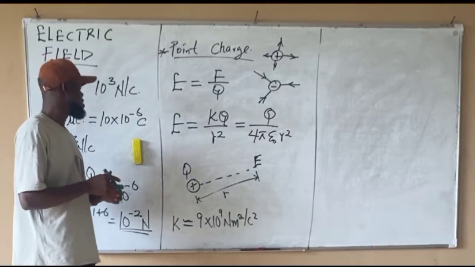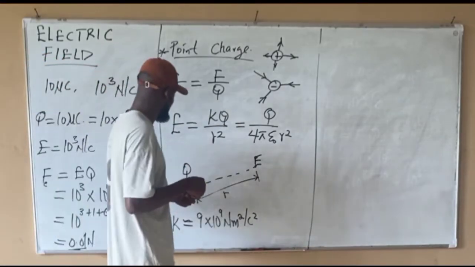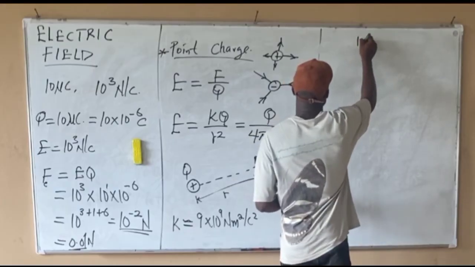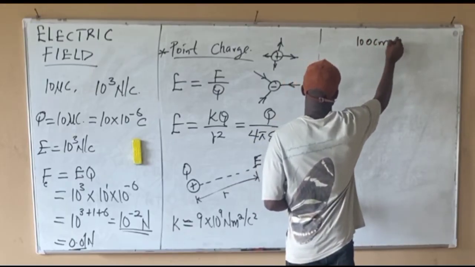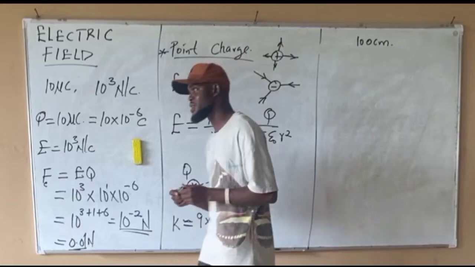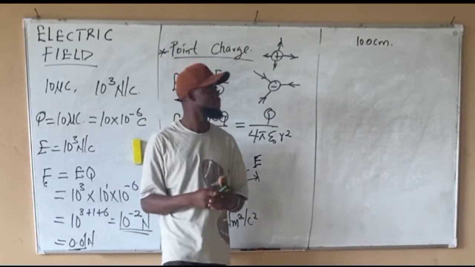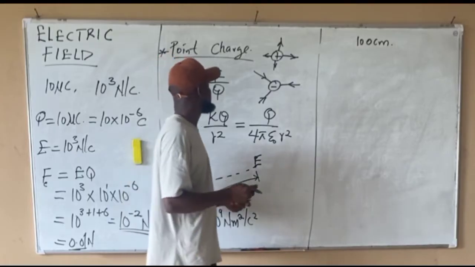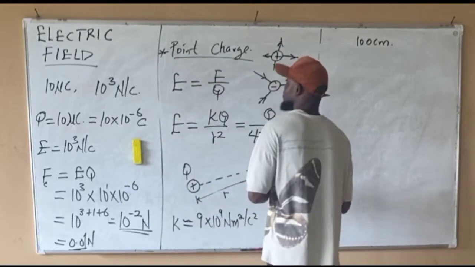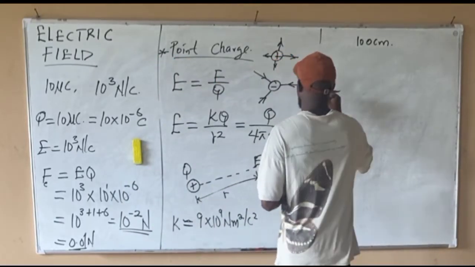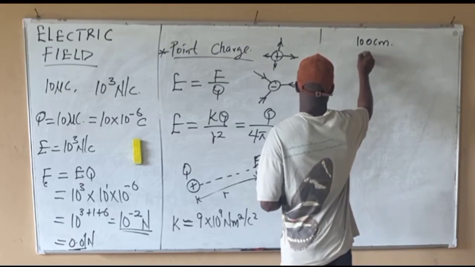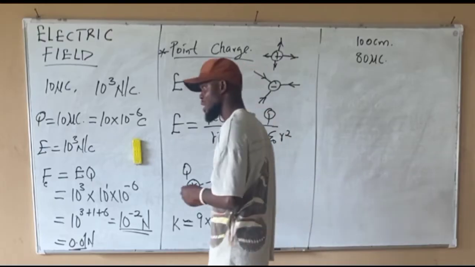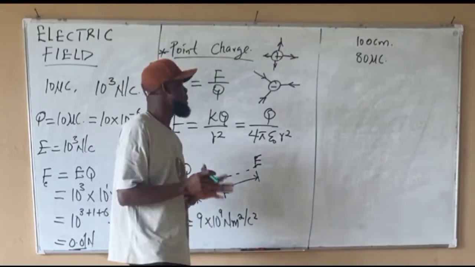So we are going to look at this question now. Calculate the field strength, or electric field intensity, at a distance of 100 cm from a charge of 80 microcoulomb.